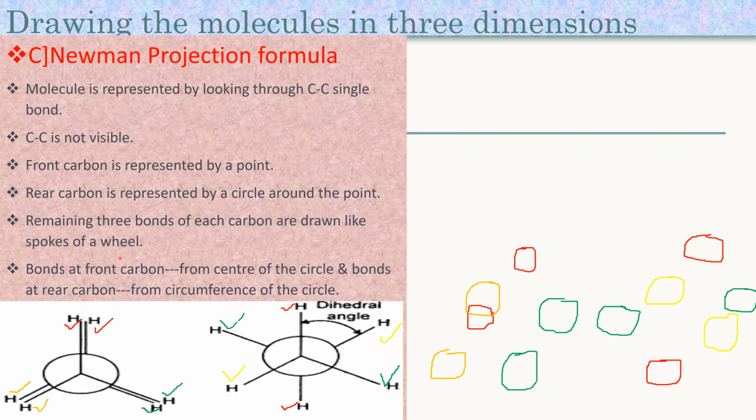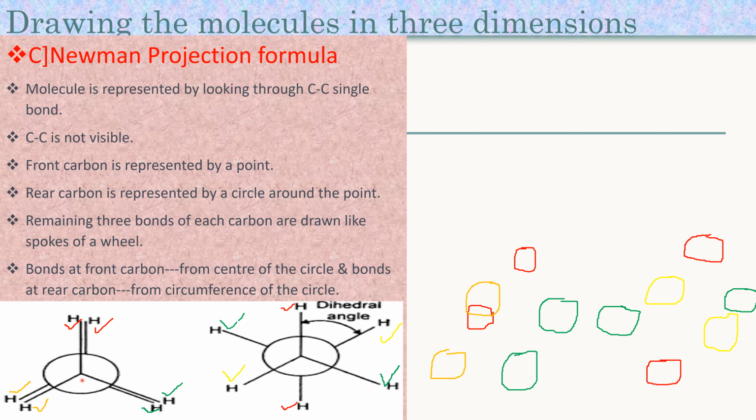Now the remaining 3 bonds on each carbon atom are drawn like the spokes of a wheel. We know that there will be one carbon-carbon single bond to each carbon atom here, but the remaining 3 bonds, they may be hydrogen atoms or any other groups, are represented by bonds like the spokes of a wheel.